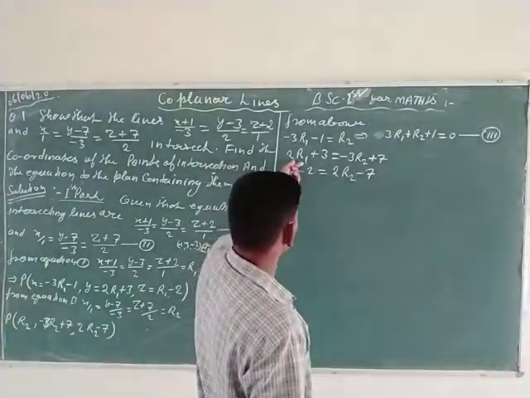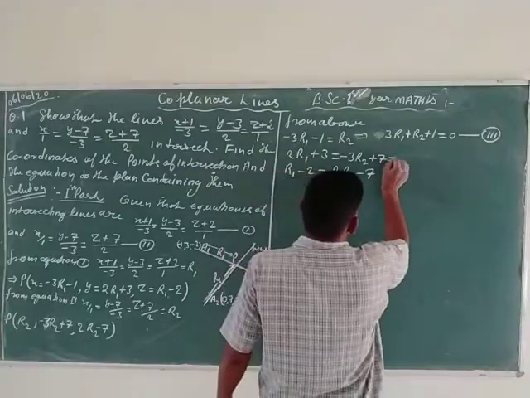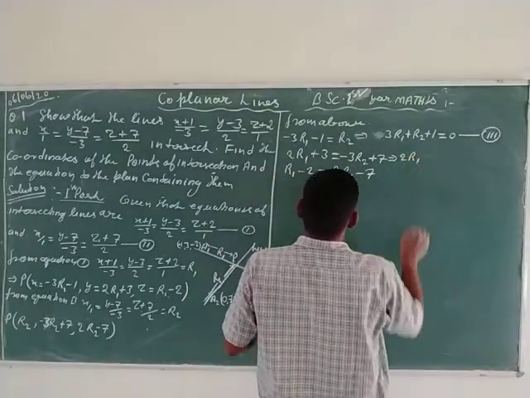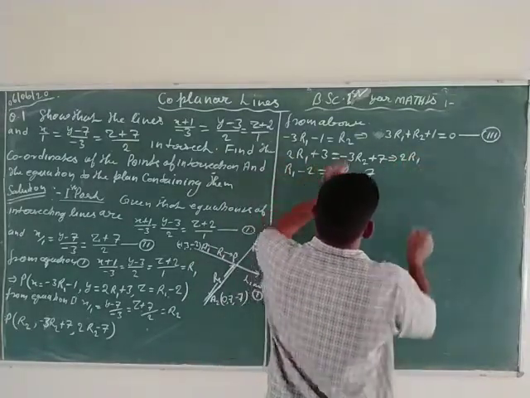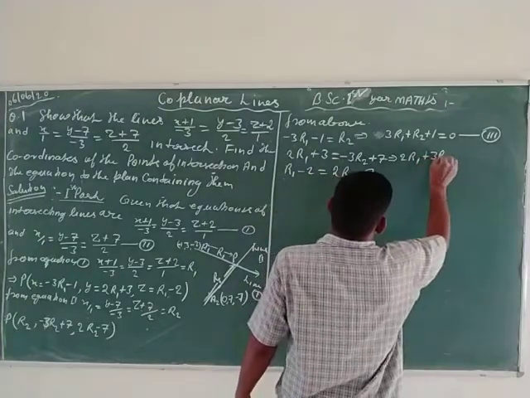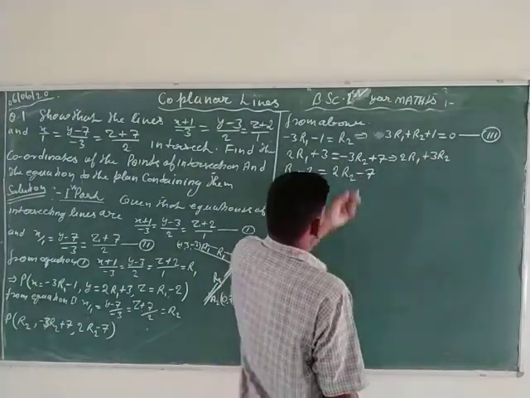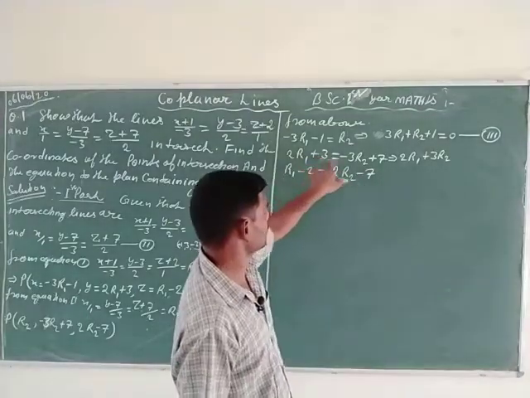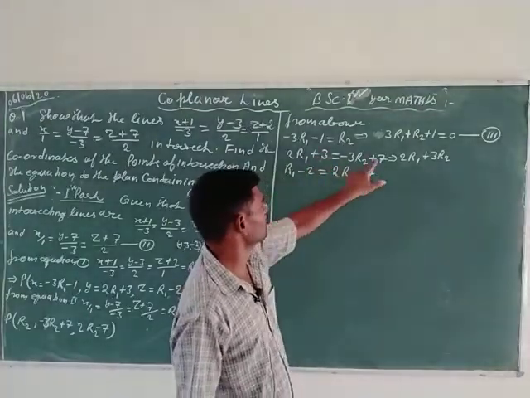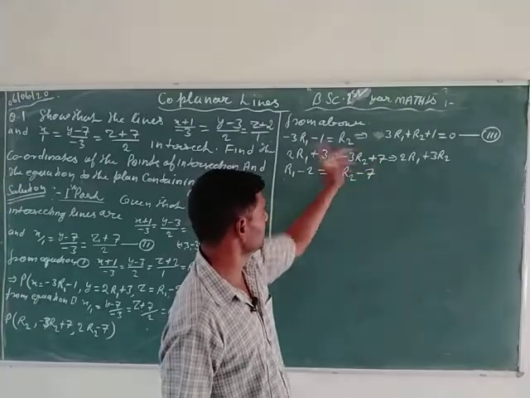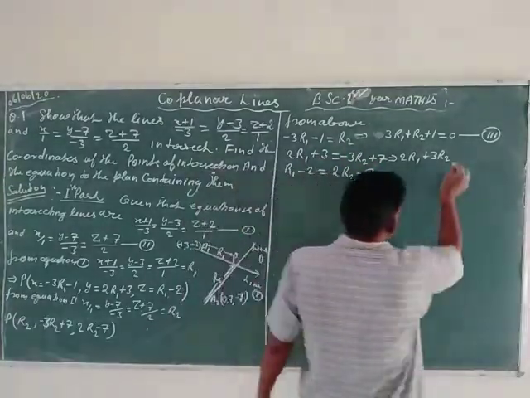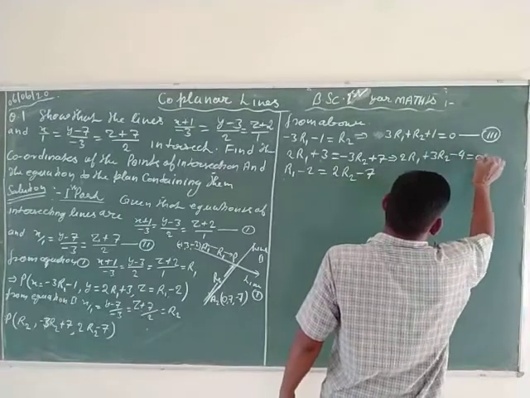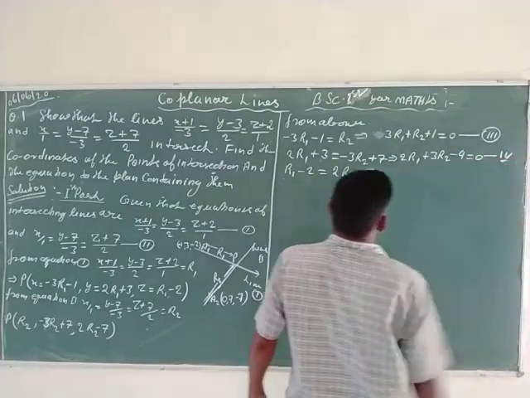Similarly, 2 r1 plus 3 r2, since minus 3 and plus 7 gives plus 4, so taking plus 4 to the left-hand side, write 2 r1 plus 3 r2 minus 4 is equal to 0. This is equation 4.